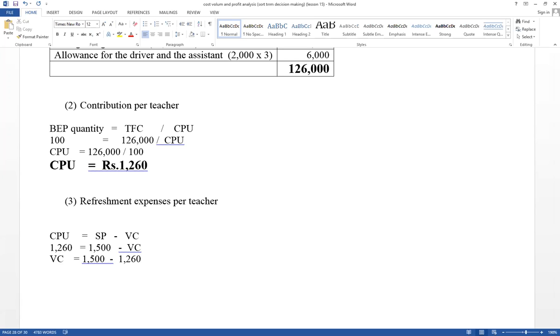Therefore, the variable cost, that is the replacement expense, equals 240 rupees. So requirement 3, the replacement expense per teacher, answer: 240 rupees.